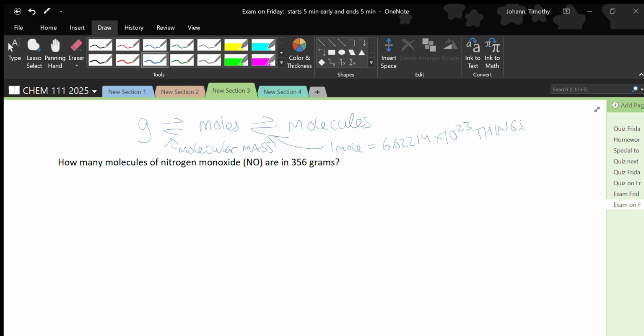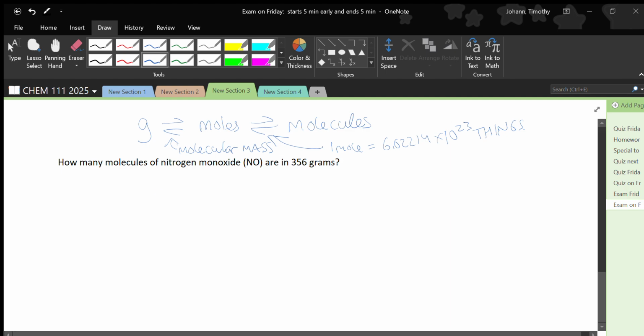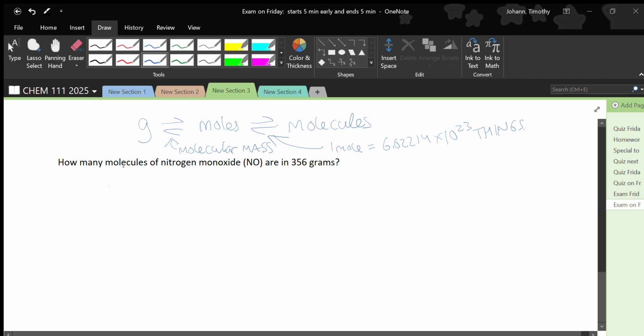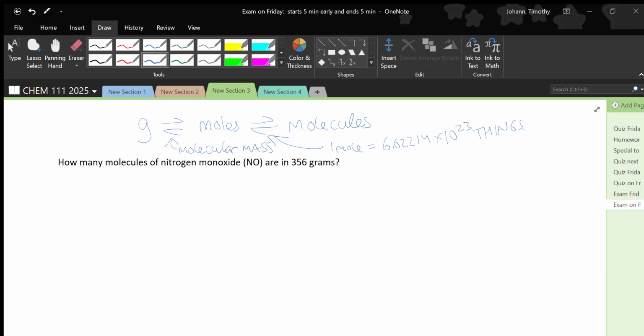Okay, let's go ahead and work this one. So I'm going to start with what? 356 grams. It's what's given in the problem, right? So you're going to calculate the molar mass, but I've seen some people trying to start with the molar mass. We use the molar mass as a conversion factor, okay?